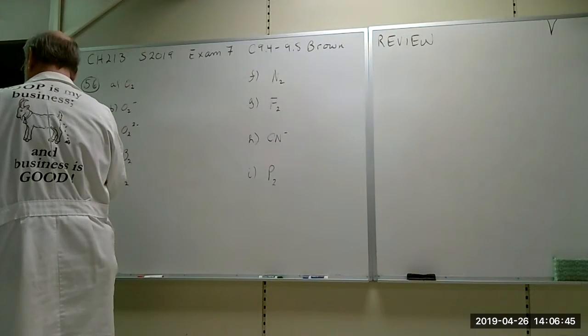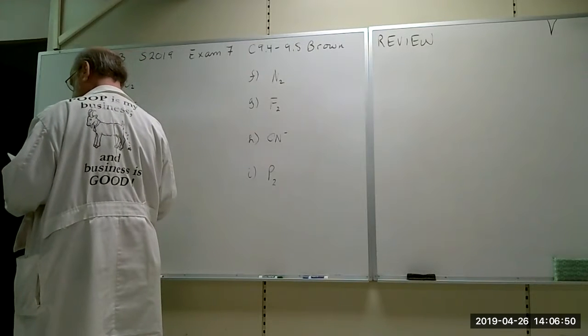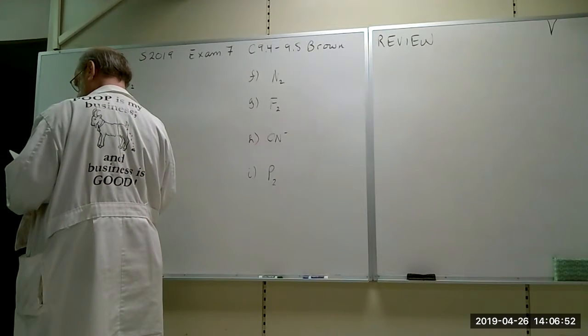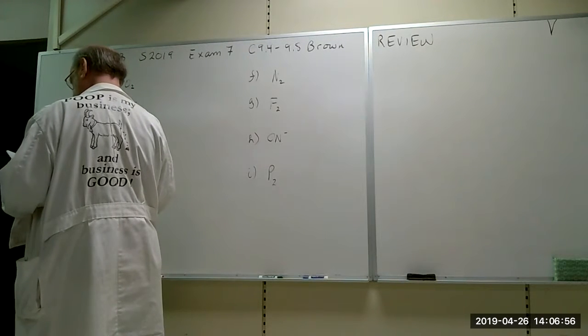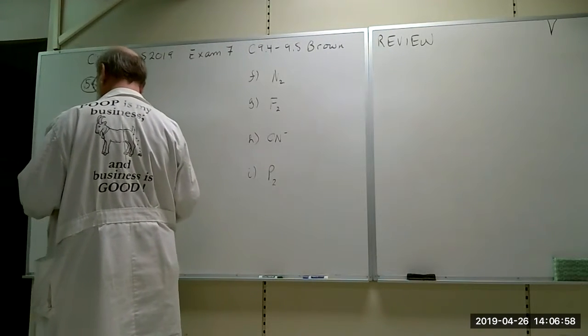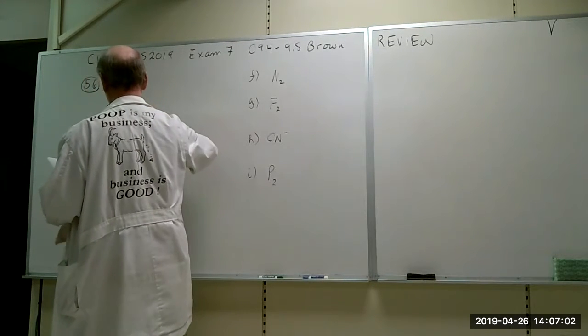So, the best way to do this one, particularly for those where we're going to add or subtract electrons, is to start with this one and these two will follow.